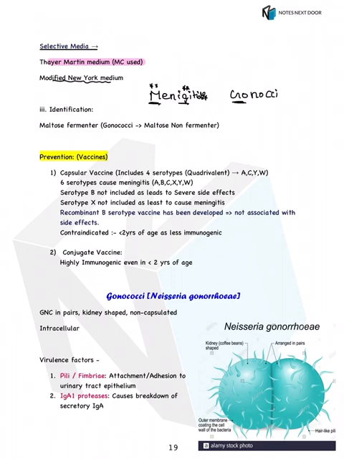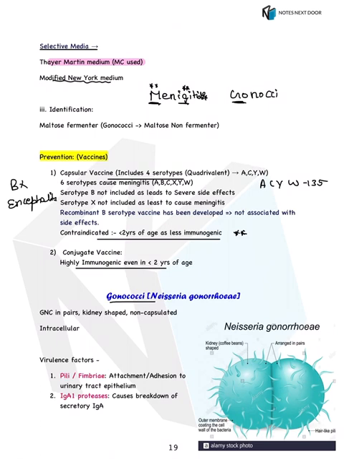Again, it is a capsulated organism, so you can form a vaccine, okay. So you use 4 strains: A, C, Y and W135. B is not used. Why? Because it causes encephalitis, hence you do not use it, okay. And it is contraindicated in less than 2 years, like PPSV23 you cannot use it, or you can use a conjugate vaccine.